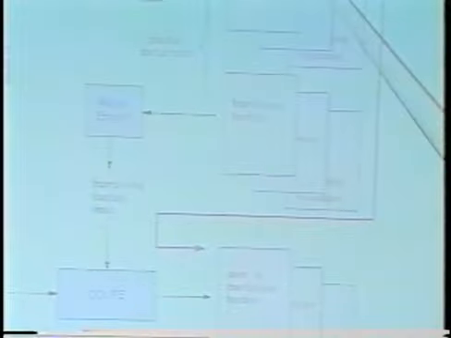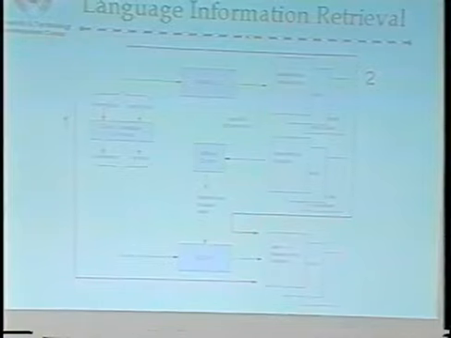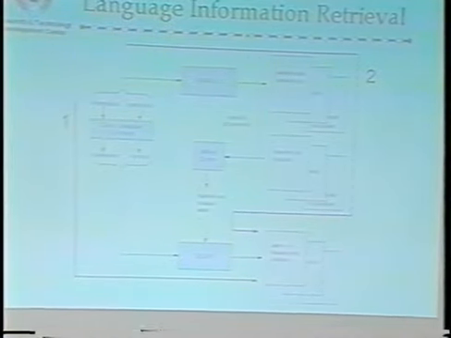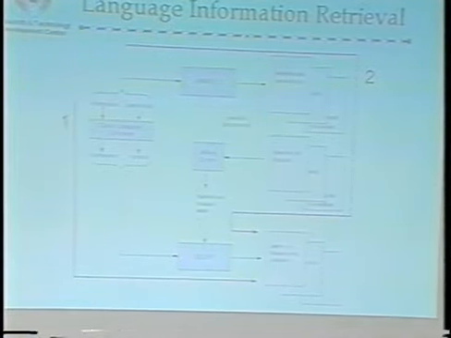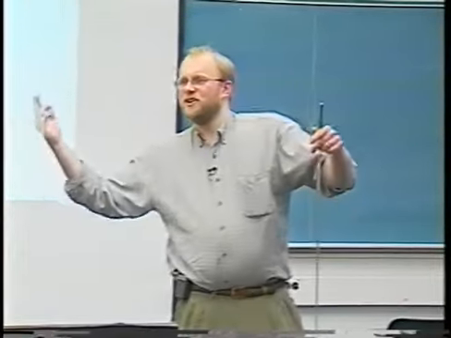Another way to do it, though, would be to do the following. You take a collection which has documents in two languages, a parallel corpus, if you will. For example, if you're doing French, as in this case, the Canadian Parliament publishes all of their documents in both English and French. And there's a one-to-one correspondence between the documents. Okay?